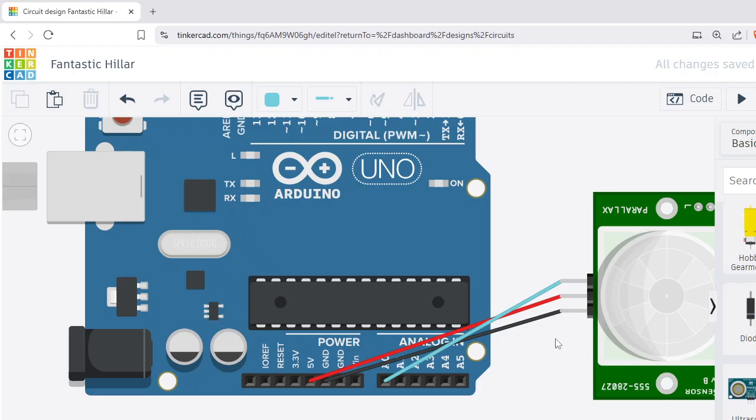So this is getting the ground, this is going to get power, and this is the signal. Signal is what the sensor is sensing. If the sensor senses something, that signal goes into A0 and the Arduino takes input from the PIR sensor.